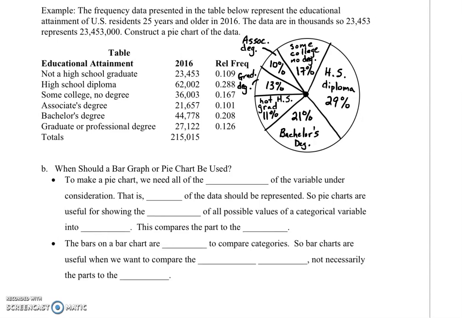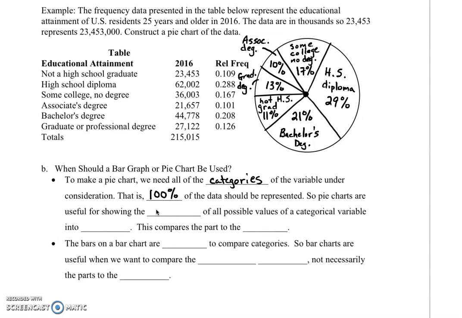So which is better, the bar graph or the pie chart? Well, it depends on what we are trying to accomplish. So to make a pie chart, we need all of the categories of the variable under consideration. So 100% of the data should be represented.